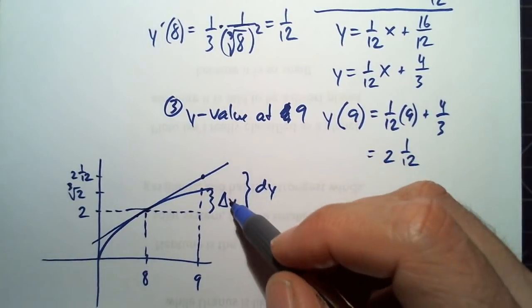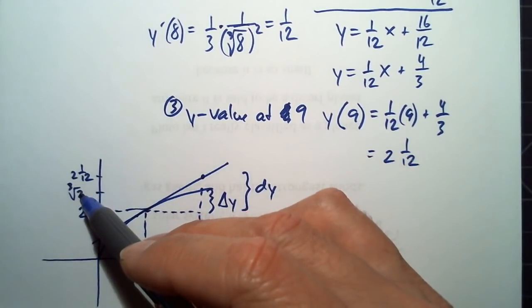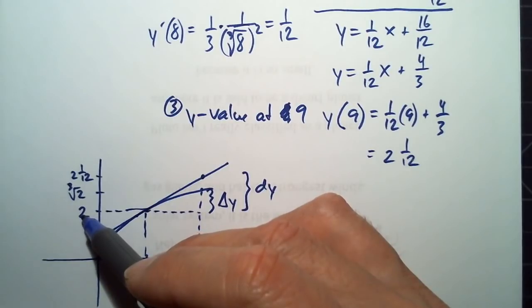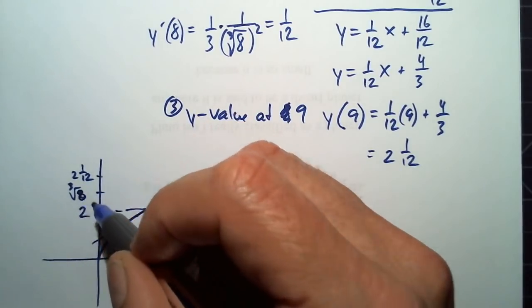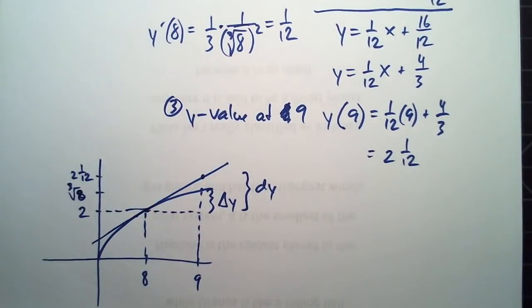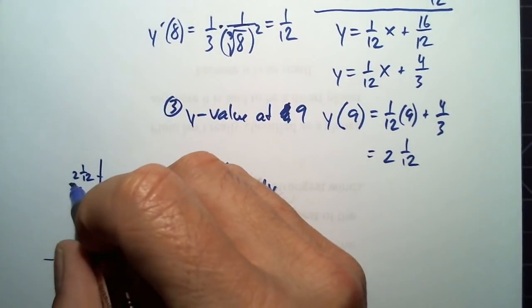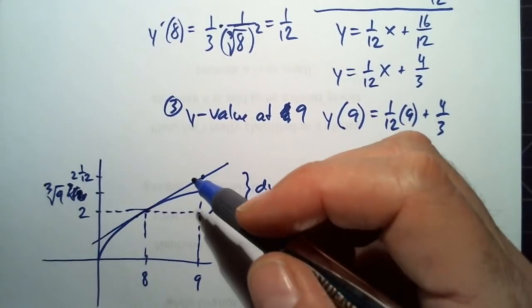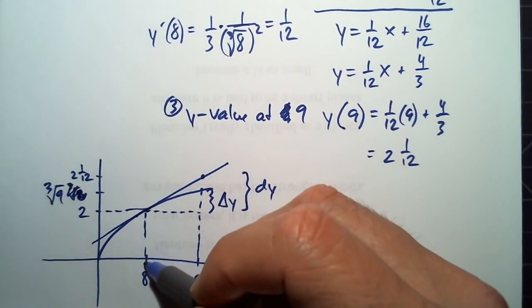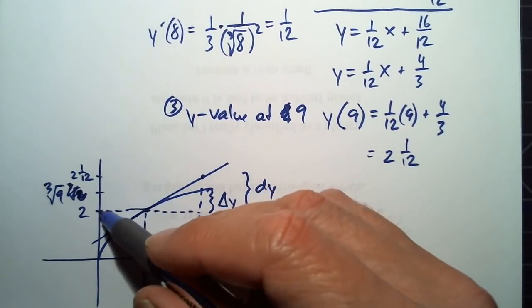So delta y is cube root of 8 minus 2. No, it's not. I'm sorry, cube root of 9. So let's make sure that's clear. At 8, the y value is 2.